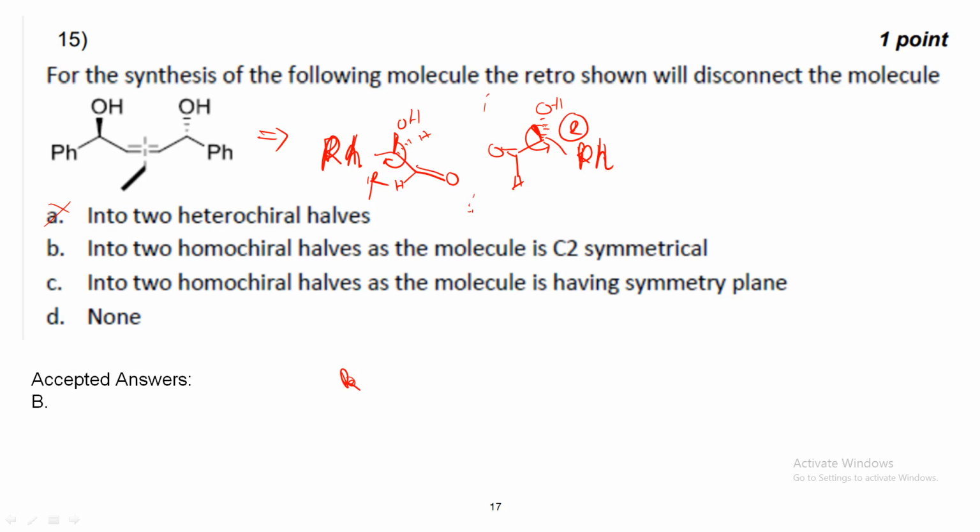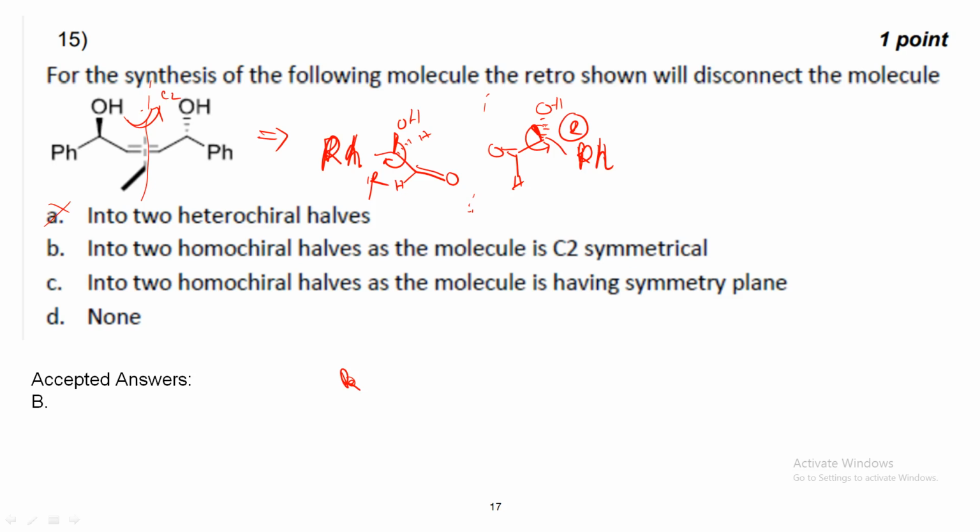And the molecule is C2 symmetric. Of course, you can consider a C2 axis between these two bonds, because if you rotate by 180 degrees, it would generate the same molecule, and that's how you determine this kind of axis.